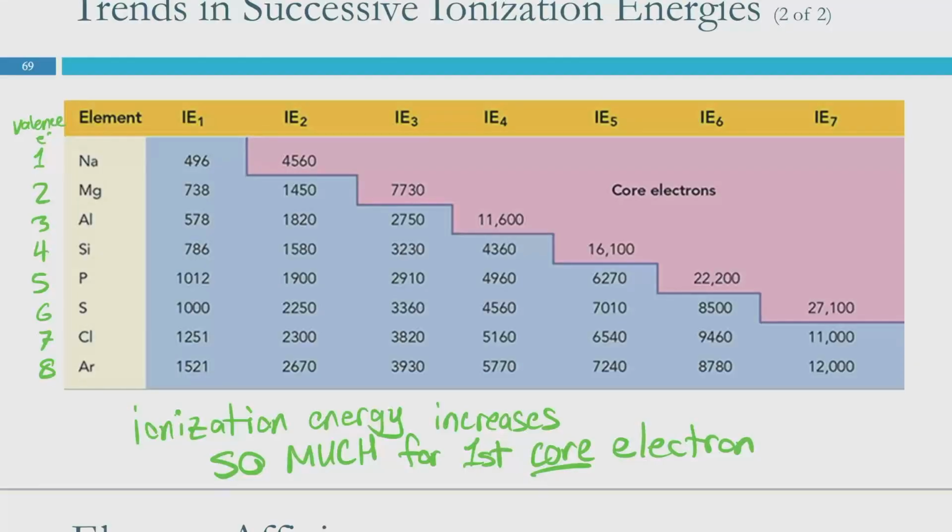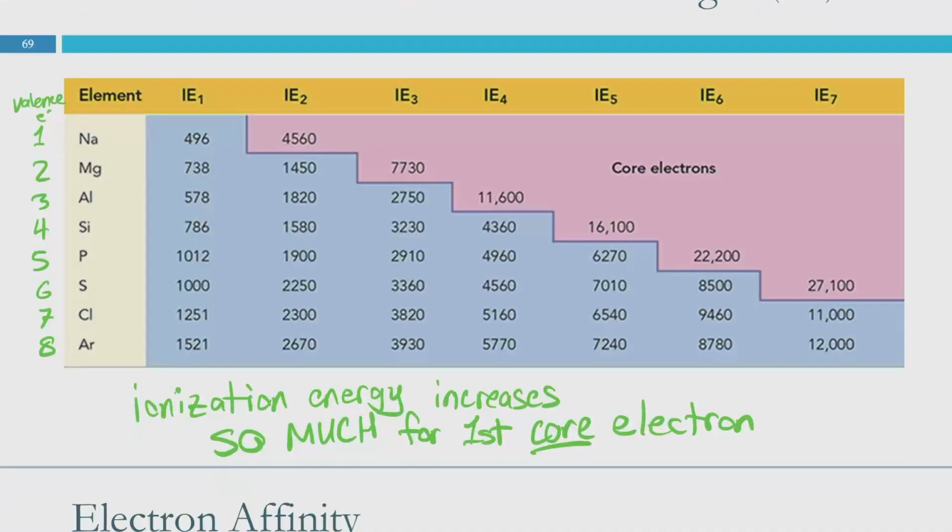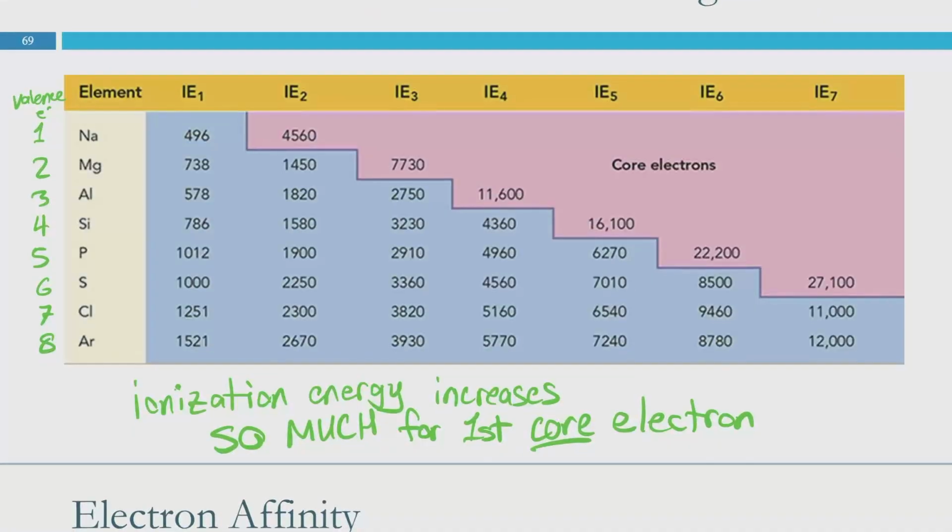When we get to that core electron, it goes through the roof. Absolutely massive spike for our core electrons. That's kind of the only trend for our IE2, IE3, etc. stuff past our first ionization energy.